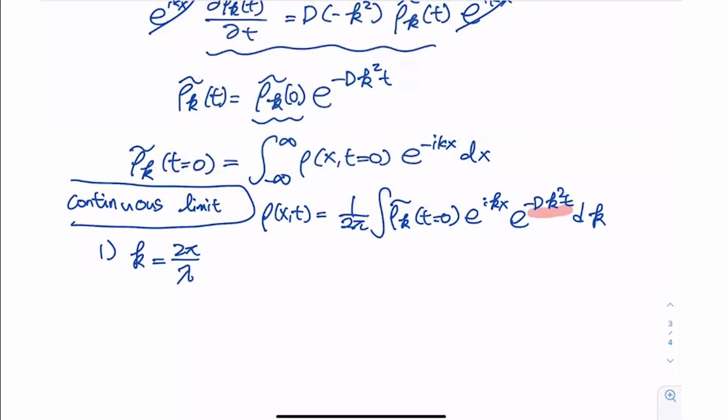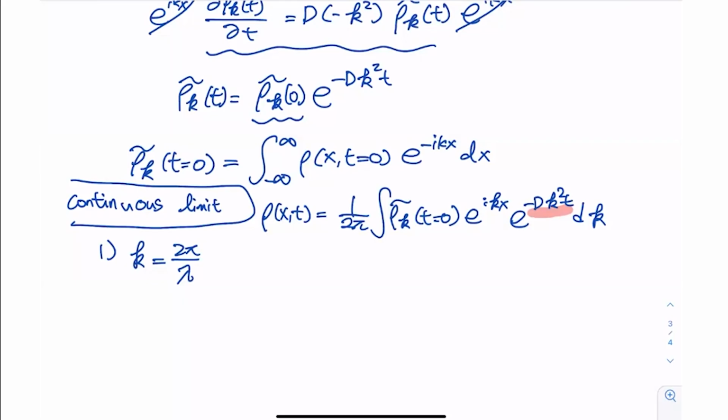So when the wavelength is short, or when this K is large, that means that this component will be strongly suppressed as the time is evolving. So when K is relatively small, when you go to the long time limit, actually there's a better chance that you will survive because of this exponential suppressing factor.